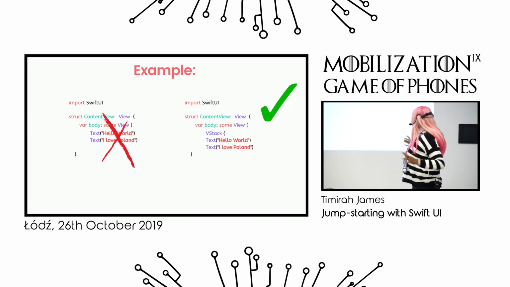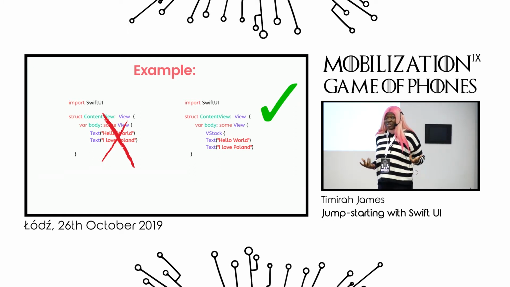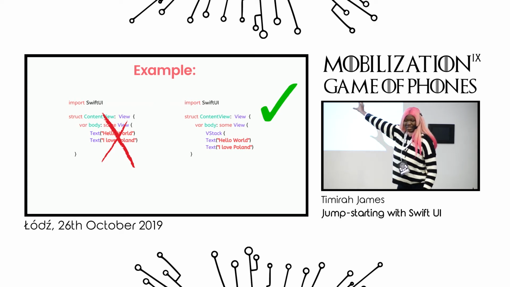Every other view has to be defined: how do you want it arranged, where do you want it, how do you want it? And this is something that we can actually respect as iOS developers. This is something that we can define, and we can see it immediately. So right here, we're saying we want this displayed vertically, one view on top of the other.